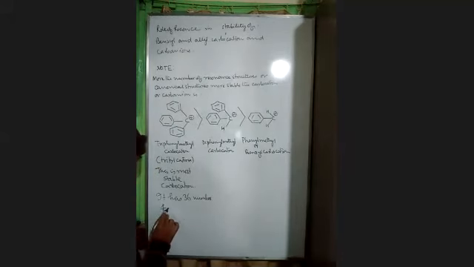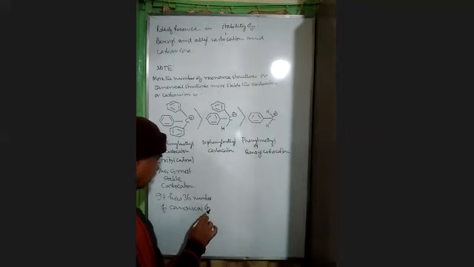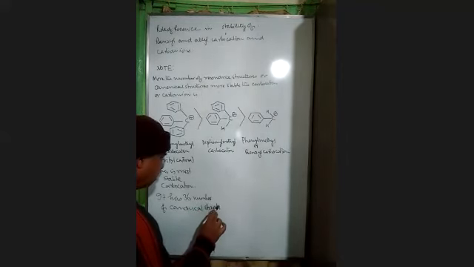Why? It has 36 canonical structures. Remember.